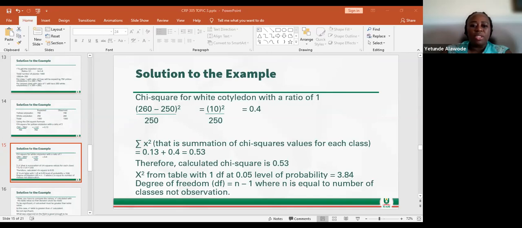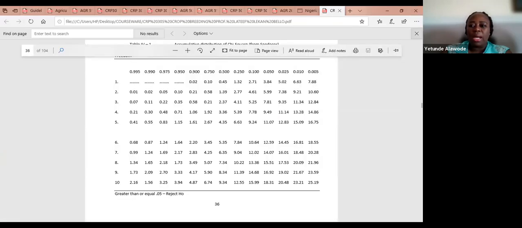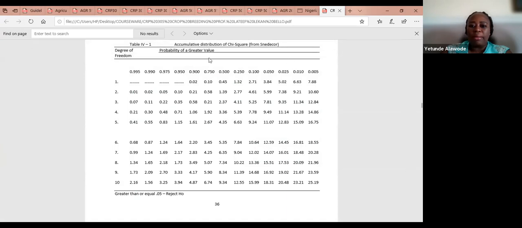Let's see if I can share. This is what your chi-square table looks like. So your degree of freedom, in this case, because you are working with two ratios, will be n minus 1, which is 2 minus 1. N is 2. The degree of freedom you'll be using here is 1.